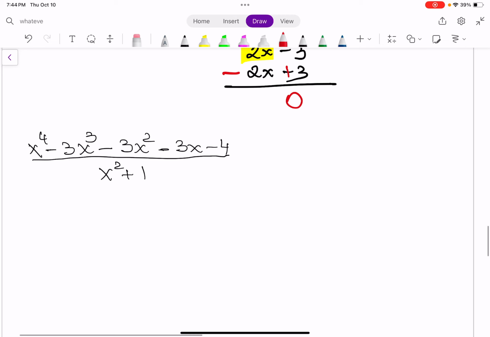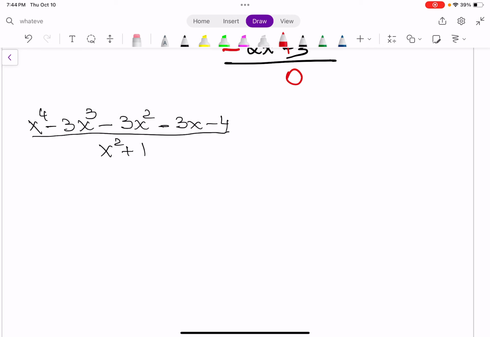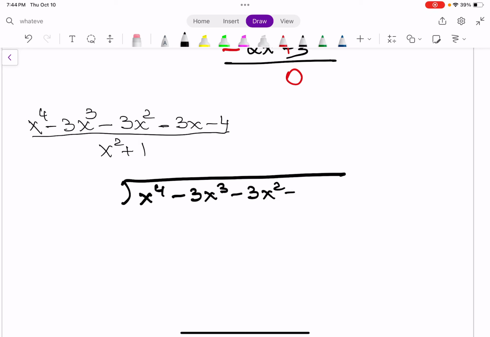All right, here's another one. I do have an x to the fourth minus 3x cubed minus 3x squared minus 3x and minus 4 to be divided. And I want you to pay attention and make sure you have all the powers, right? No term is missing.